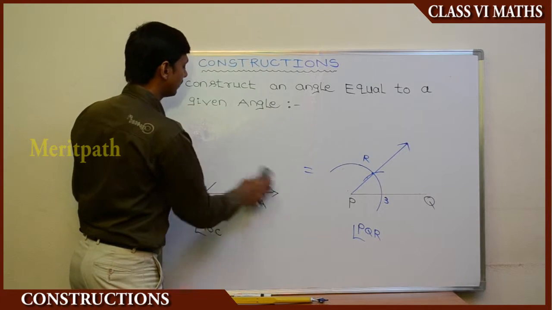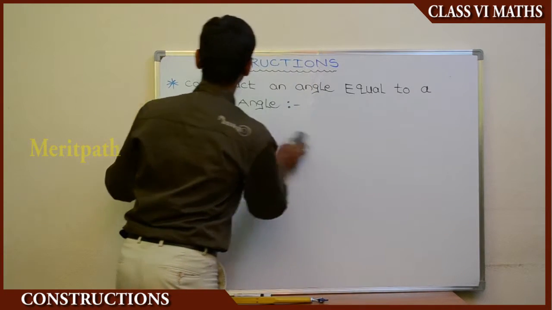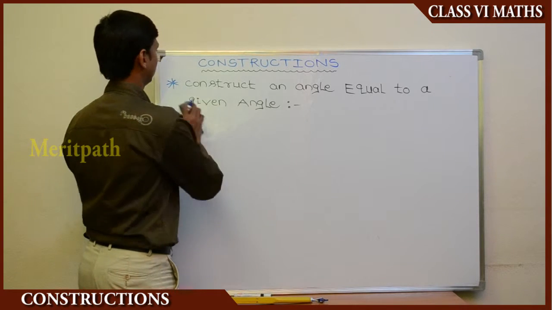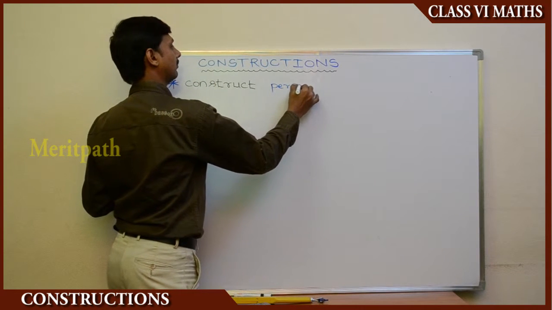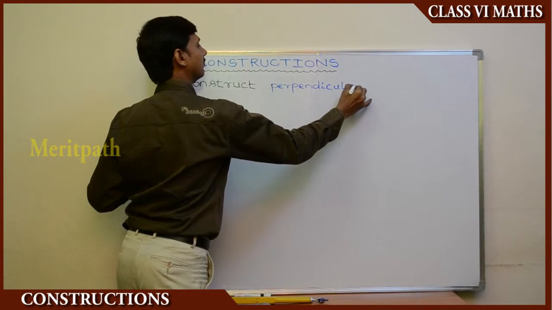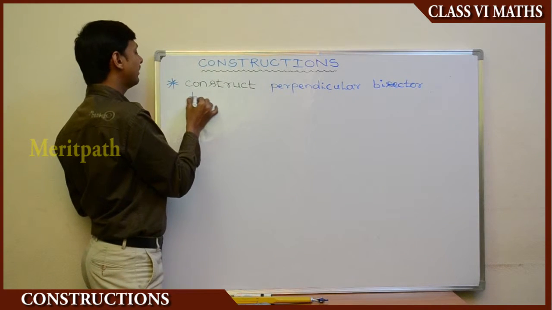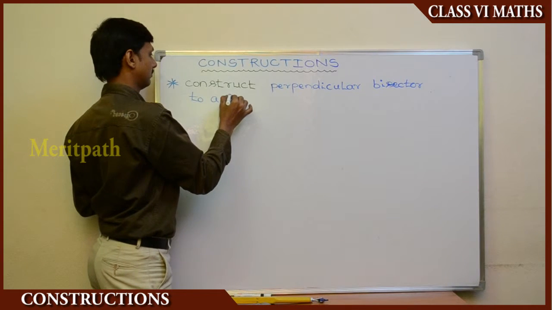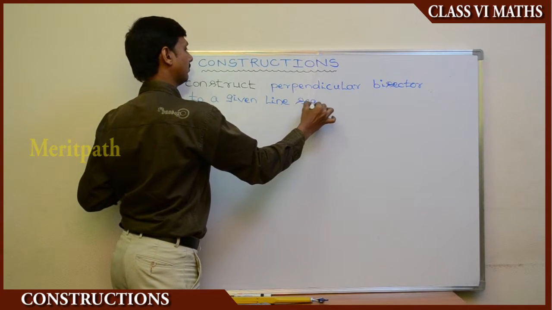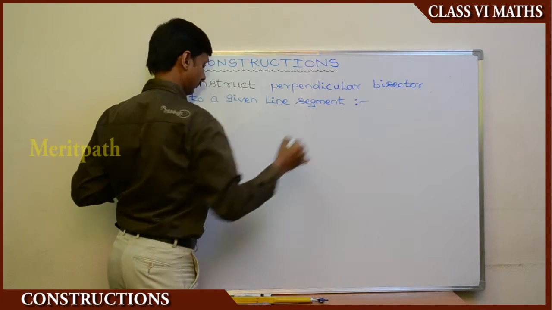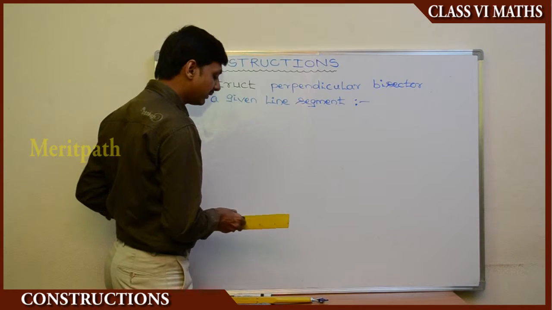Let's see how to construct a perpendicular bisector to a given line segment. When constructing a perpendicular bisector to a given line segment, let's provide the line segment first.